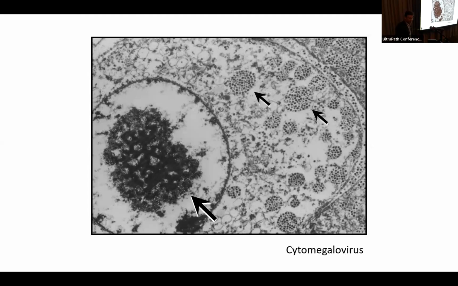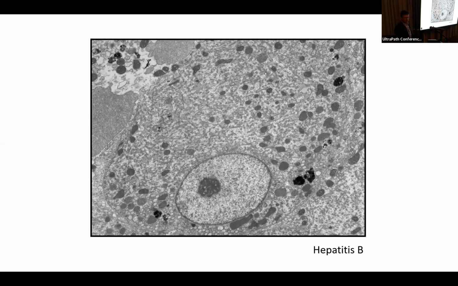Cytomegalovirus can be distinguished from herpes virus by the presence of these unique viral aggregates in the cytoplasm, and you can also see them in the nucleus. And then this was a 12-year-old patient with chronic liver disease who was suspected of having Wilson's disease.